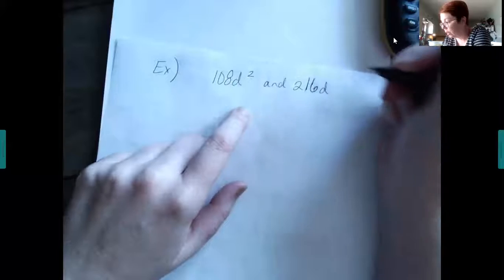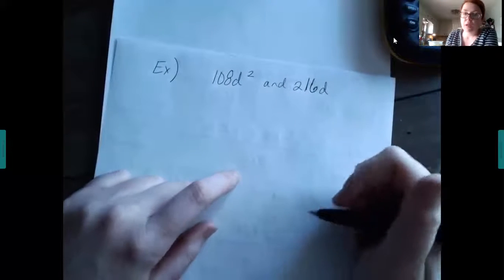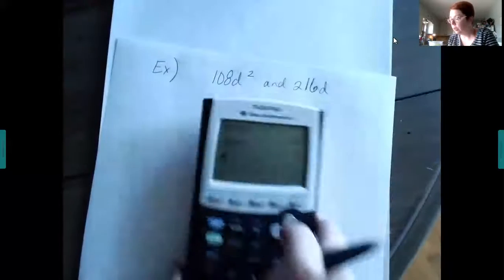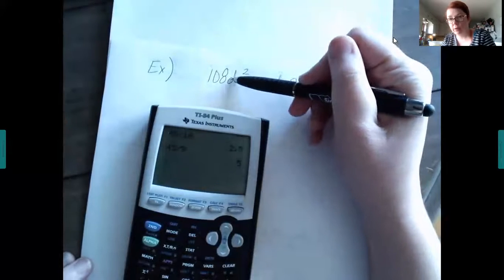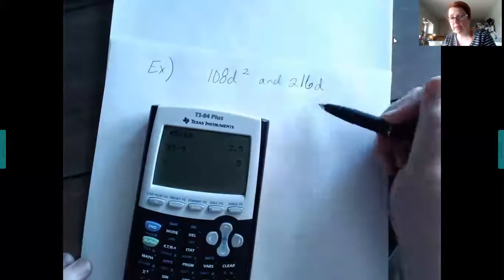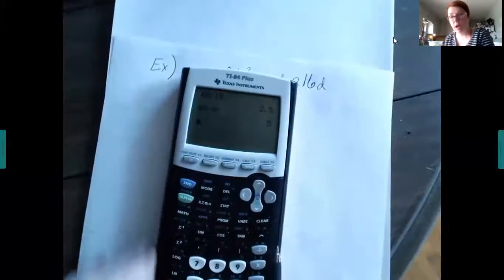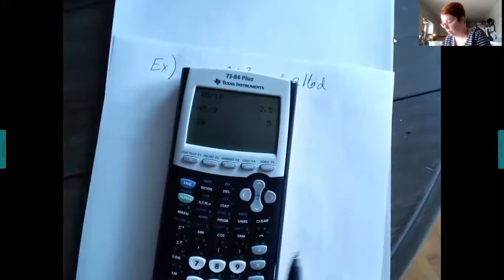I don't know why I made that so gigantic. Because 108 and 216, those are bigger numbers than we usually deal with. So rather than going through all these factors of 108, I'm going to say, well, can I divide 216 by 108 evenly? I don't know. Let's find out.